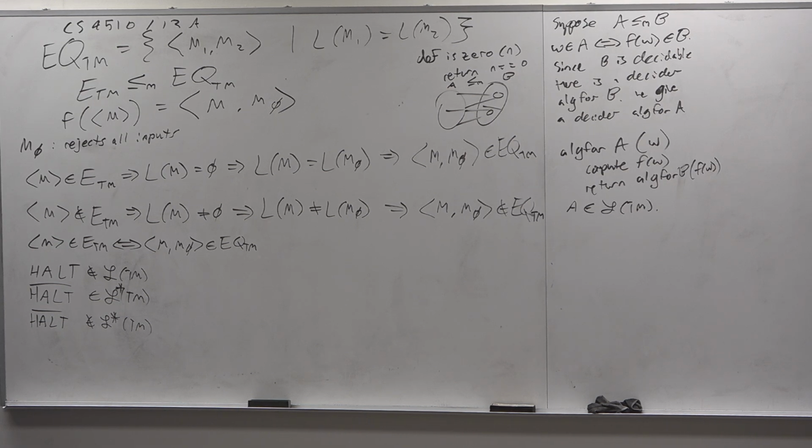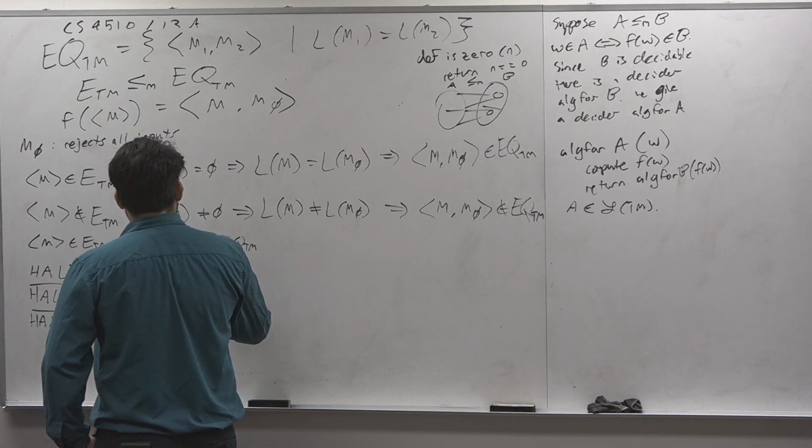So what that means is there is a recognizer for halt. So in some sense, halt's complement is kind of solvable in the sense that if something is bad, it rejects, and if something is good, it loops or accepts. Kind of complicated there.